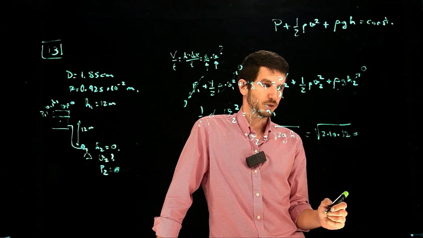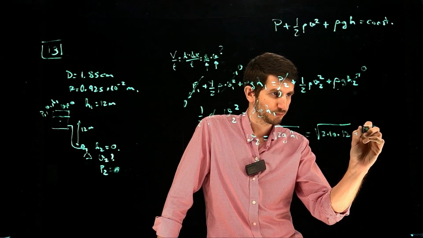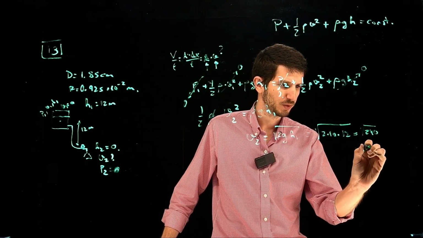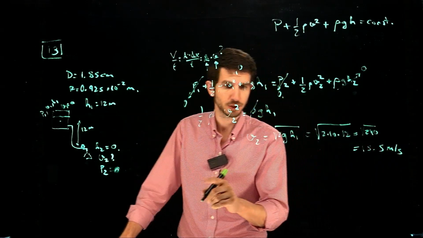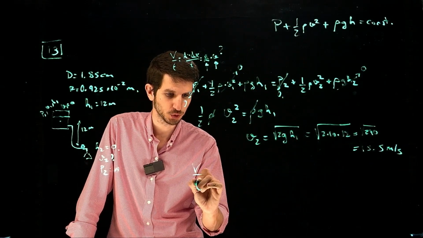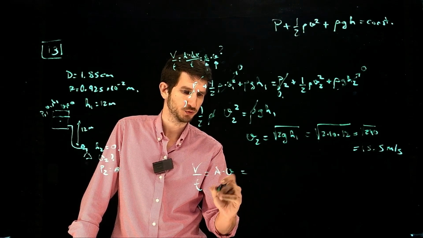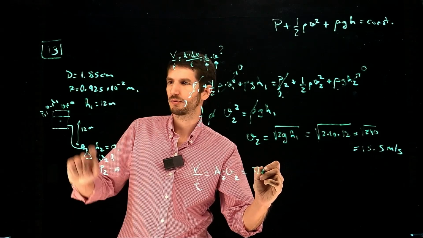And that's going to be the square root of 240. That it's about 15.5 meters per second, and so we can just go back and say how much is going to be the flow. The flow is going to be the area times the velocity, and that's going to be the area is going to be pi, and the radius is square.